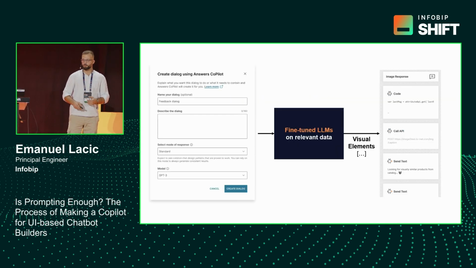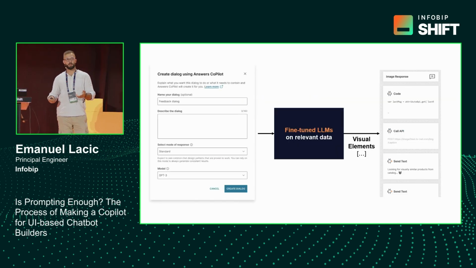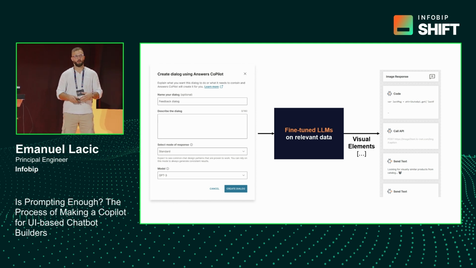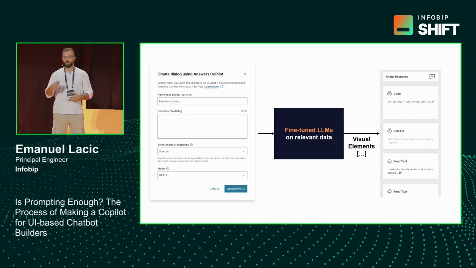So we did this. We tried to fine-tune all the open source LLMs as well as the commercial one, GPT, to see whether we get any better with those fine-tuned variants when we create workflows for a chatbot, given some kind of input.